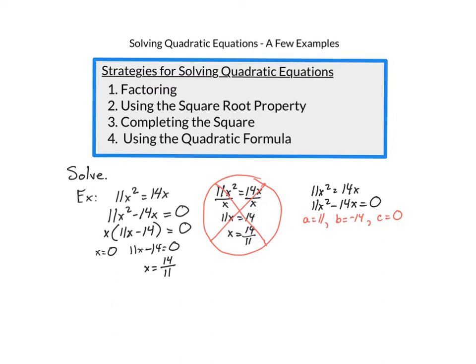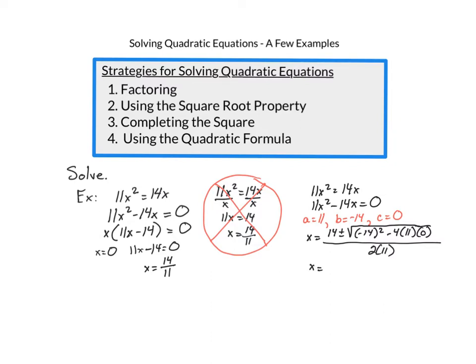So when we substitute those numbers into the quadratic formula, we have the opposite of B, so that's the opposite of negative 14, plus or minus the square root of B squared minus 4 times A times C, all over 2A.